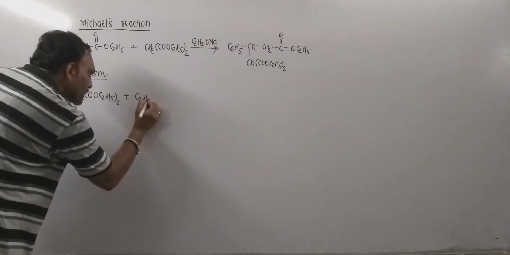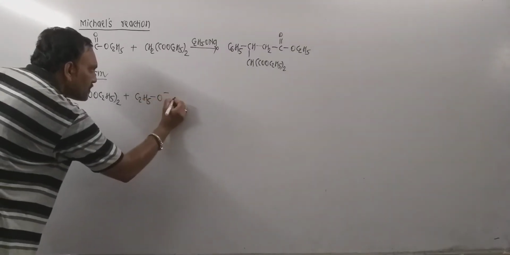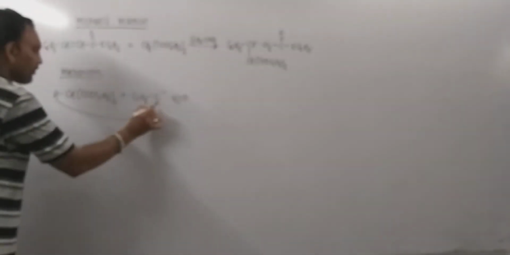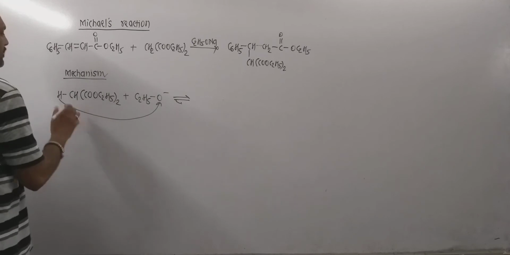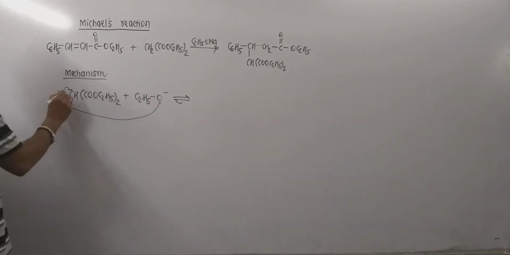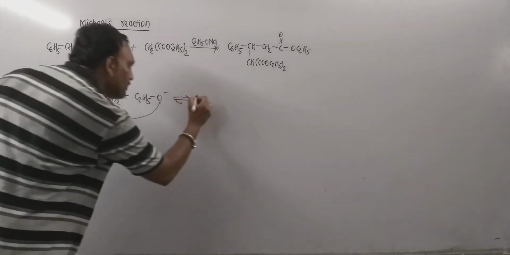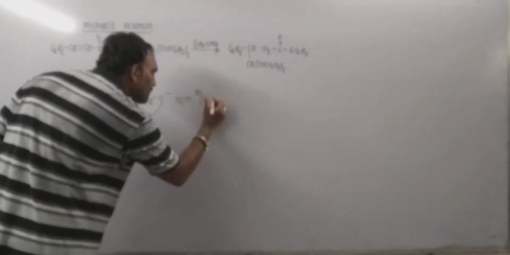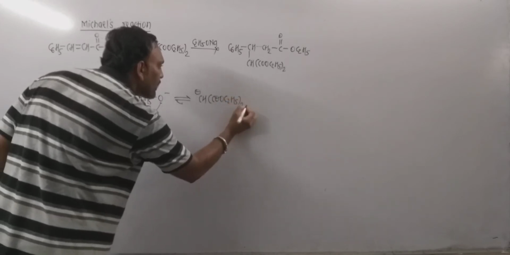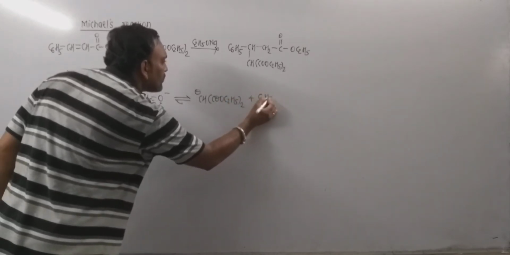So what happens ultimately? Base removes a proton from this, and as a result the electron pair remains at the carbon, and that leads to the formation of a carbanion.